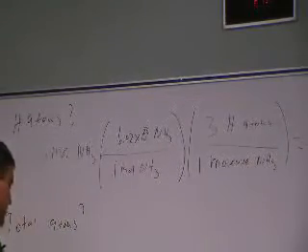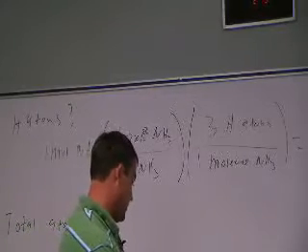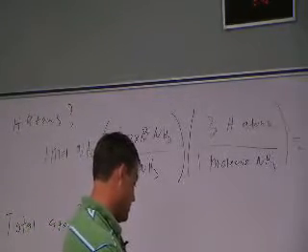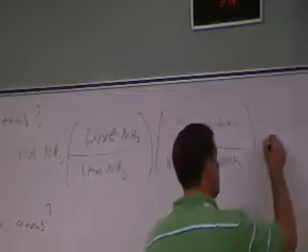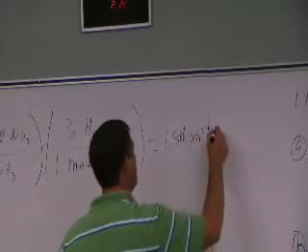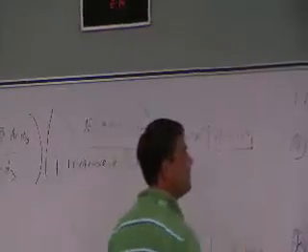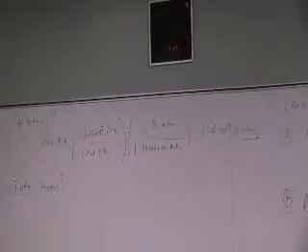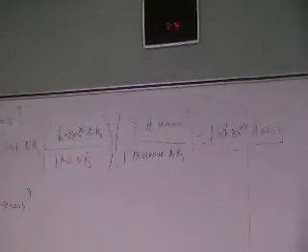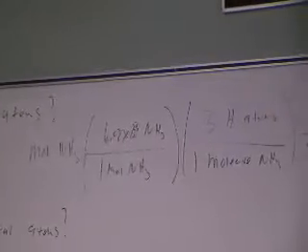So 3 times 6.02 times 10 to the 23 is 1.806 times 10 to the 24 hydrogen atoms. And of course this right here is 1 times 1, so it is 6.02 times 10 to the 23 nitrogen atoms.